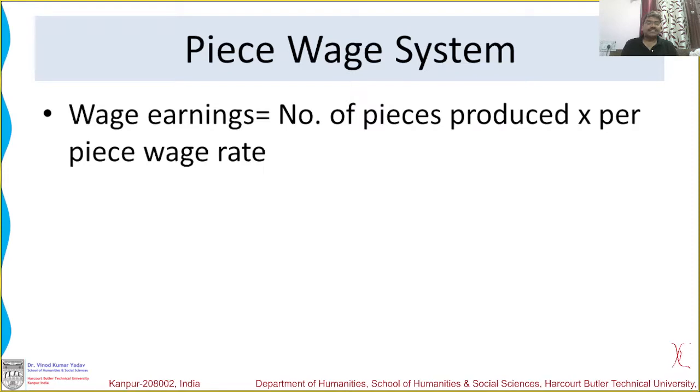If a piece is rejected, that is the loss of that worker. Whereas in a time based system, errors, rejections and quality are all the cost of the company, not of the employee.